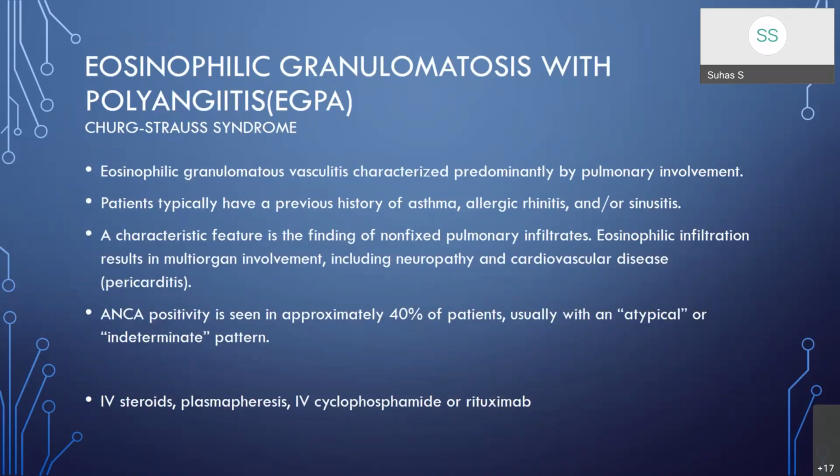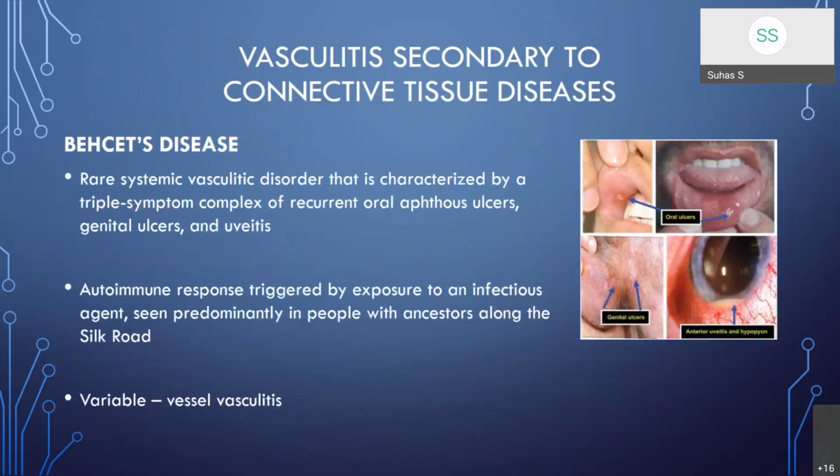And we can also see neuropathy and cardiovascular disease. So here ANCA positivity is seen in 40% of the patients, and it is an atypical or indeterminate pattern. Treated using IV steroids and plasmapheresis.